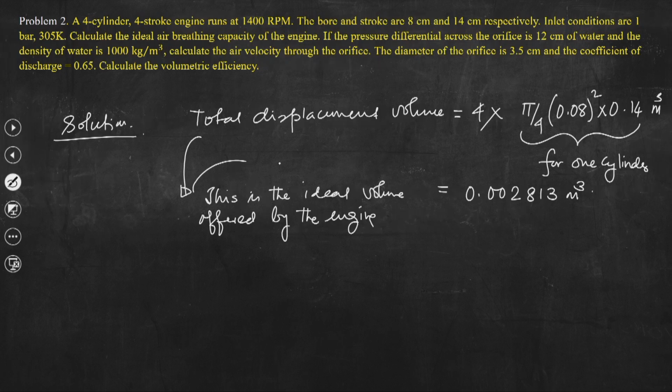So, this is the ideal, theoretical volume. Now the displacement volume is in meter cube, so we can have the volume flow rate.